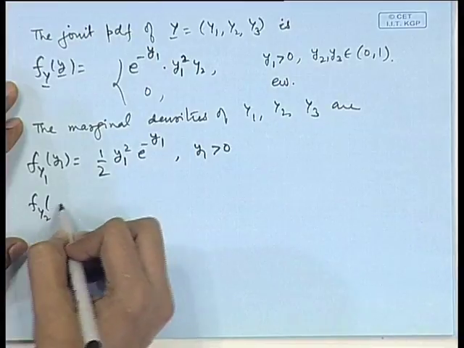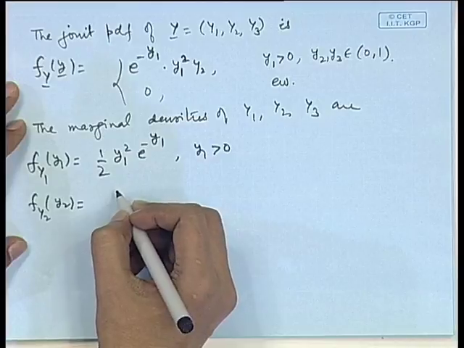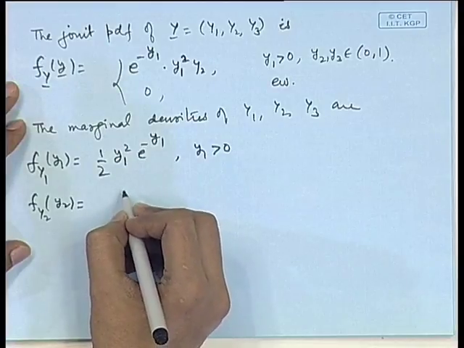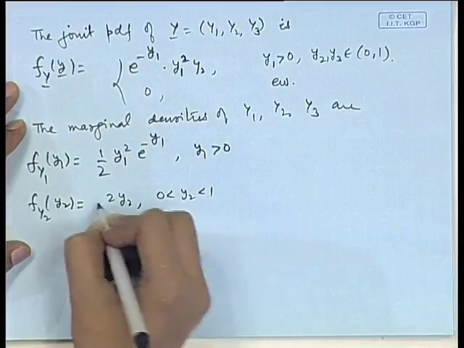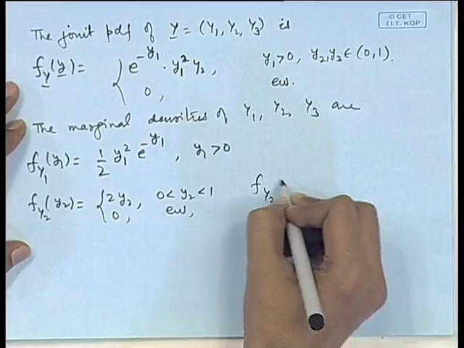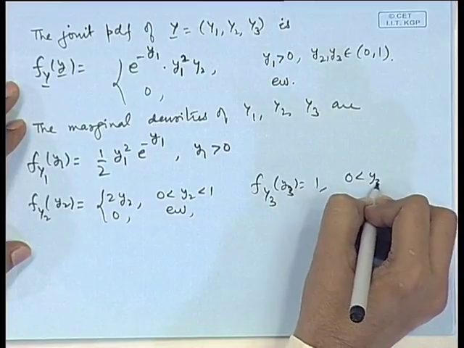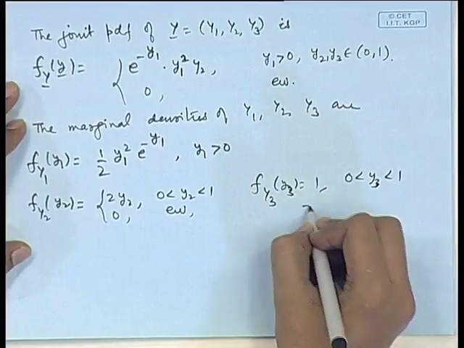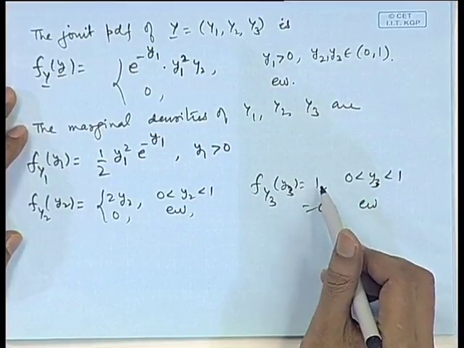F y 2 is 2 y 2 for y 2 between 0 and 1, and f y 3 is equal to 1 between 0 and 1. So, this is a uniform distribution.